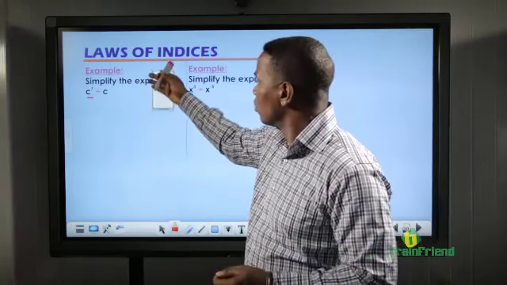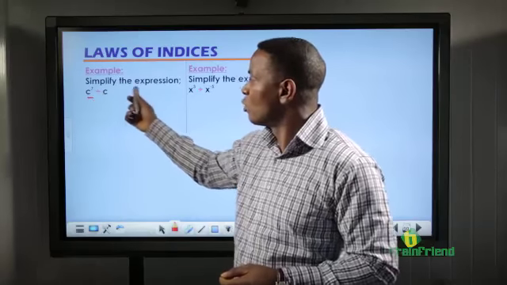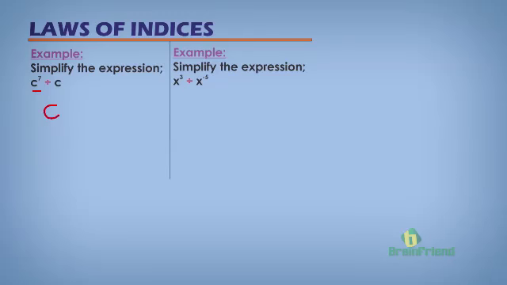So how would we solve this, knowing what we know now? This would be c raised to power 7, using our laws, minus 1, because this c left by itself is actually c raised to power 1. Do we get it? So how would we work this out? This would be c raised to power 6.